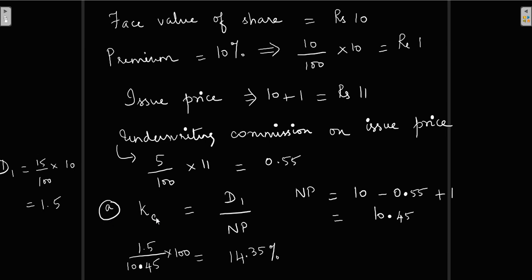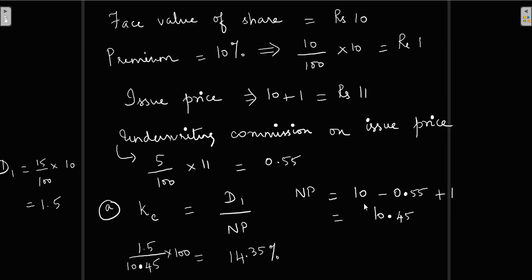So, to calculate cost of equity, we use the formula dividend divided by net proceeds. Dividend is 15%. 15% on the face value of the share, which is 10. Okay, so that is 1.5. The dividend is 1.5 divided by net proceeds, which is calculated by face value minus issue expense plus premium.